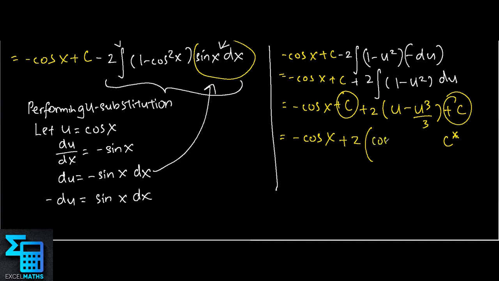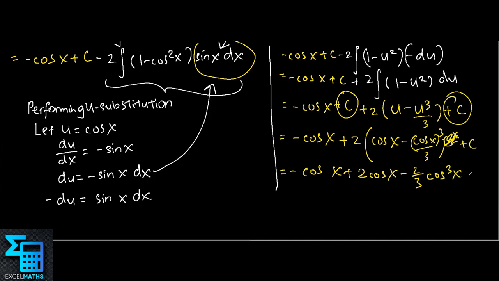We have cosine x minus cosine x, the whole thing cubed over 3 plus c. Okay, we take out the bracket by expanding, and then you get 2 cosine x here minus 2/3 cosine cube x plus c.